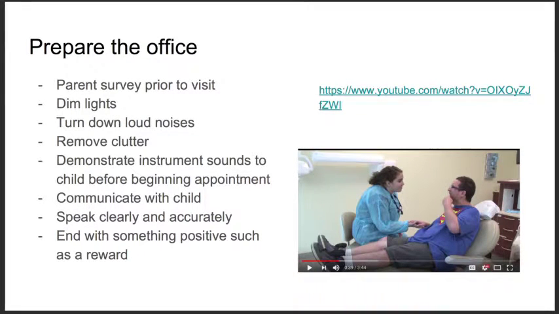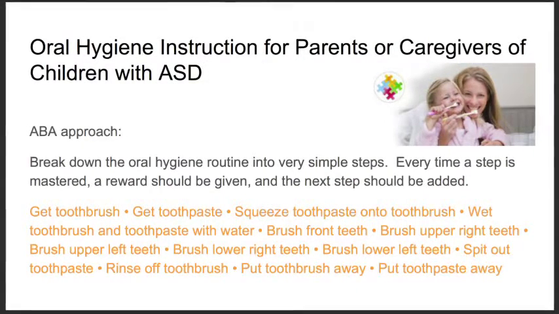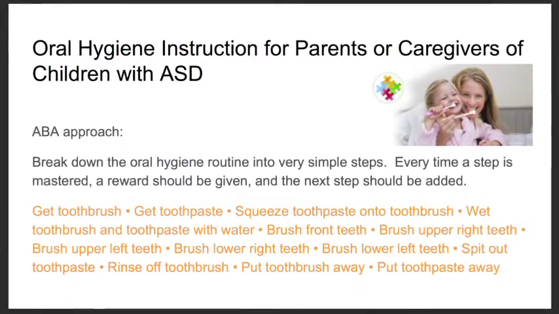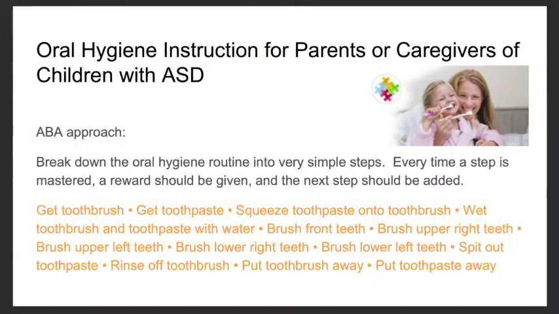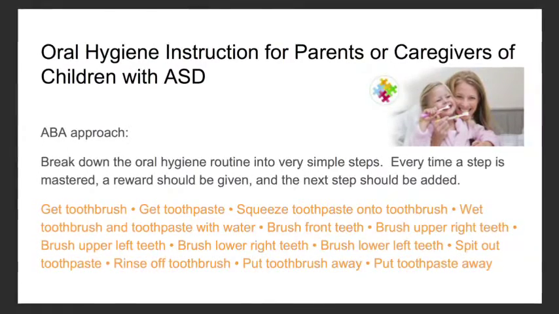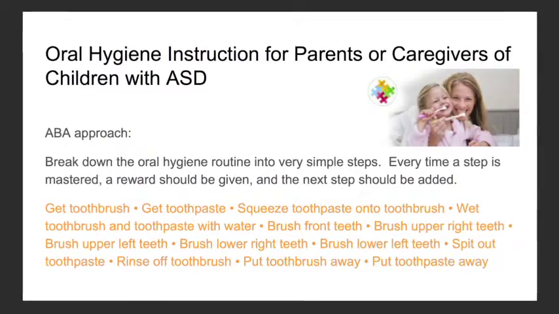According to the website Autism Speaks, there are two main effective ways to present oral hygiene instruction for parents and caregivers depending on the severity of the child's ASD. The ABA approach, which stands for Applied Behavior Analysis, is where you break down the oral hygiene routine into very simple steps.